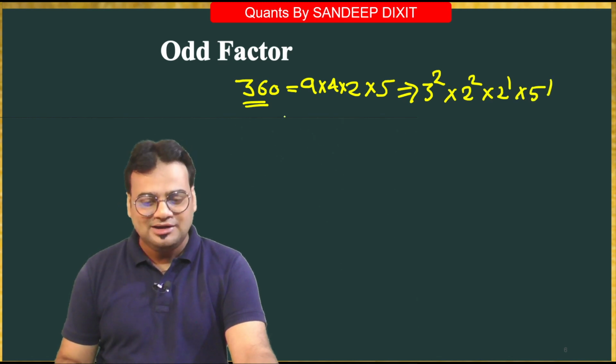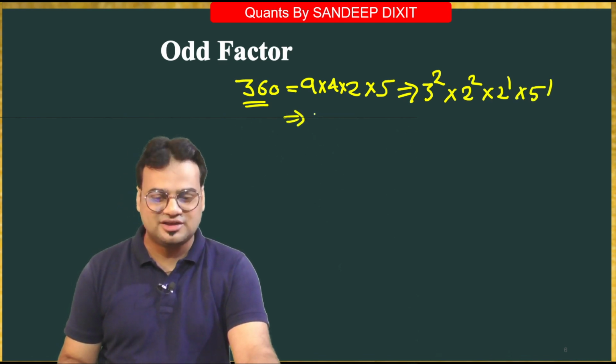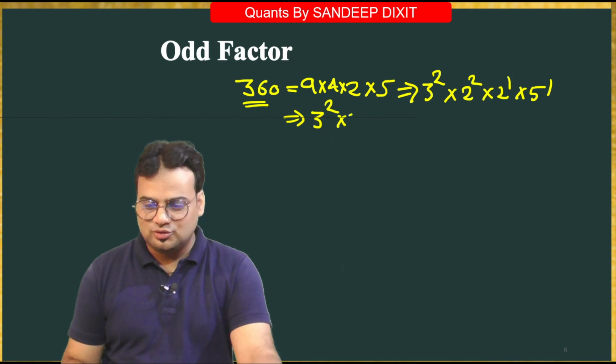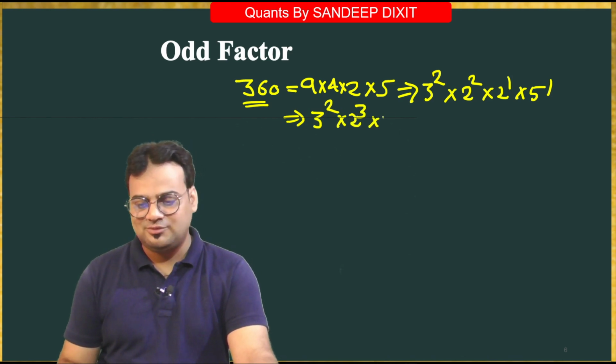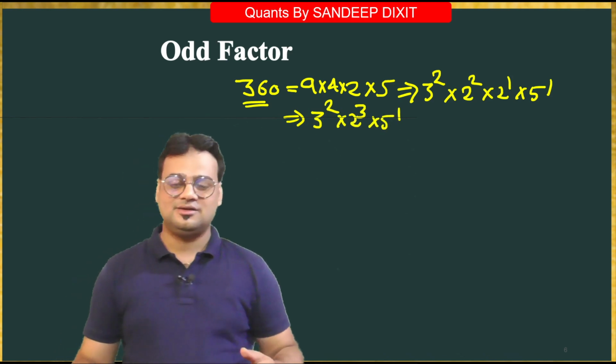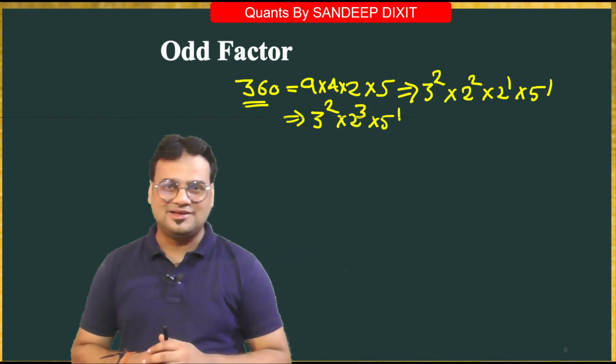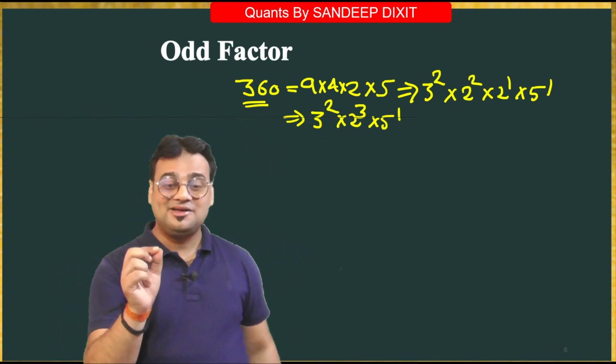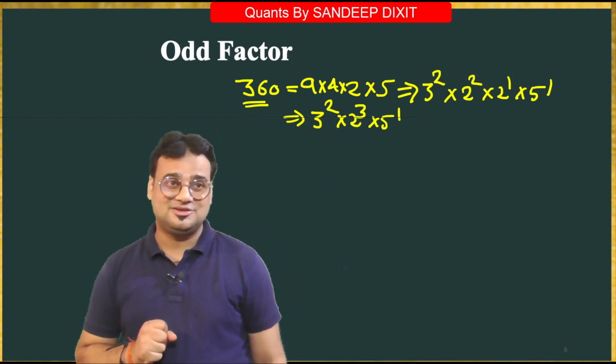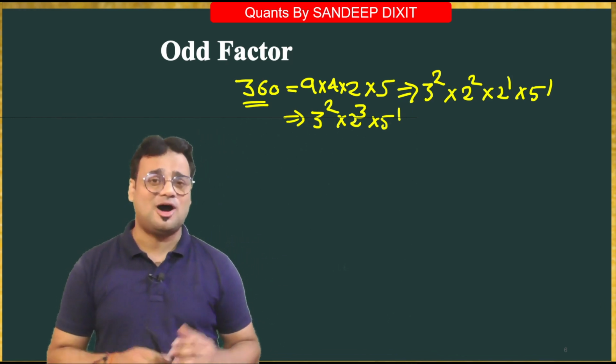So the complete prime factorization of 360 is 3 to the power 2 into 2 to the power 3 into 5 to the power 1. That's clear. Here we are required to find the total number of odd factors. Okay, odd factors. So how do we calculate odd factors?